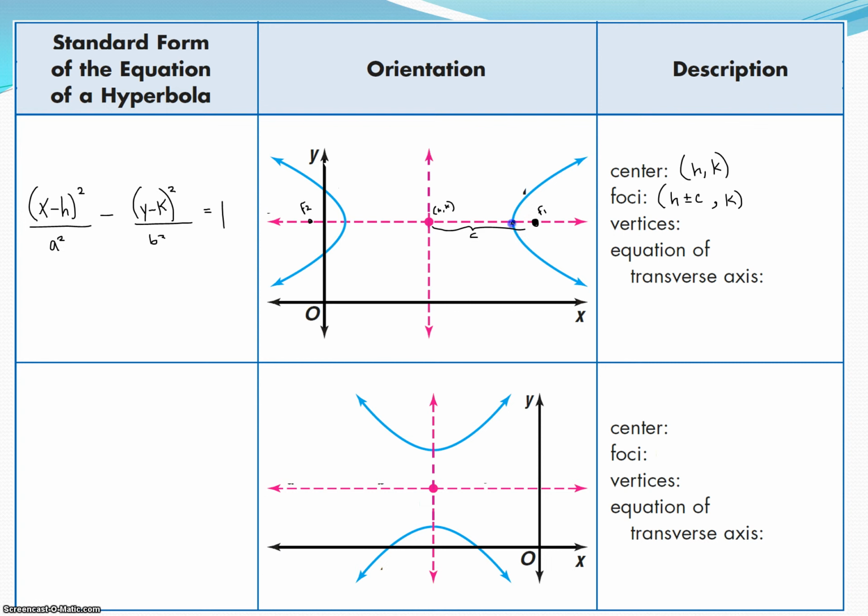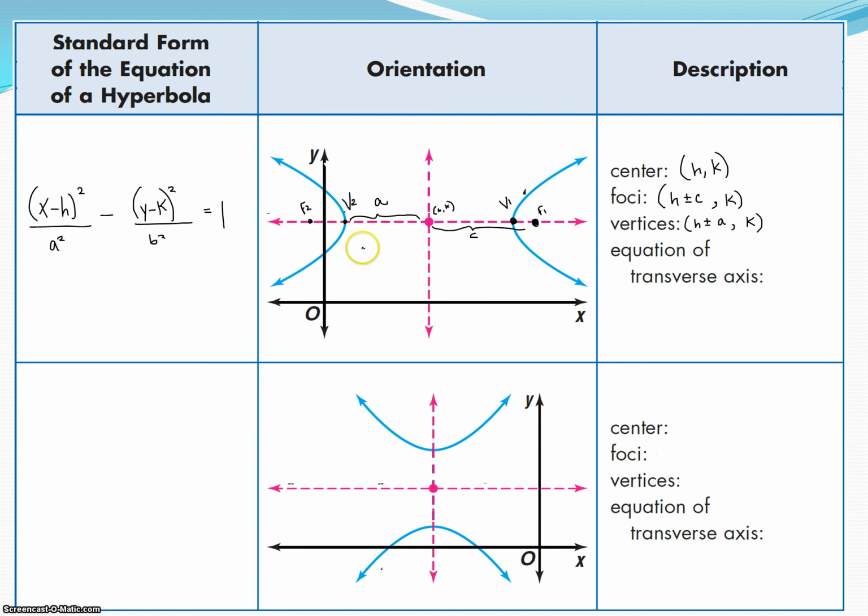The vertices are on the same axis, so v1 and v2. And this distance here is the distance from the center out to the vertex, and that's a. So this is h plus and minus a, same y value k.